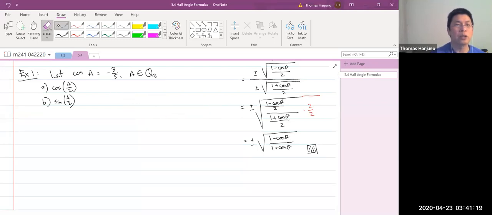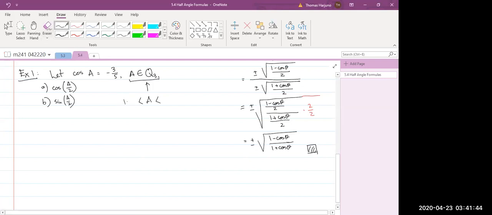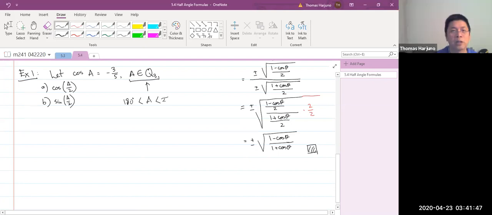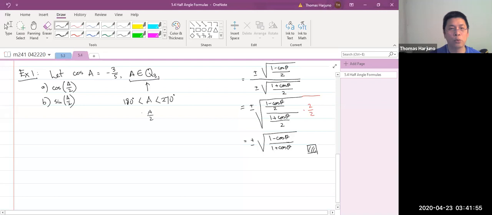What we will do instead is, because A is in quadrant 3, it means A must be between what angles? Quadrant 3, 180 degrees to 270 degrees, right? Yes. Okay, now if we divide by 2, then we also divide the other two sides by 2.